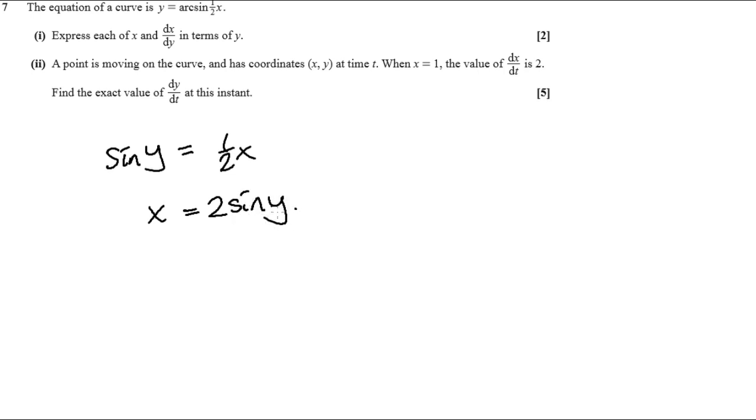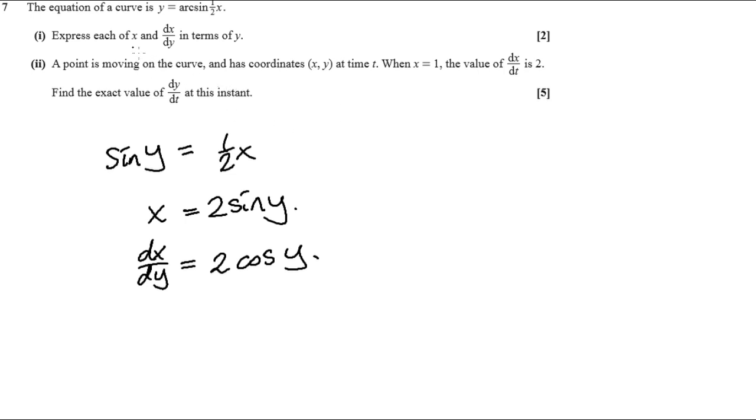Nothing surprising there. To find dx by dy, you differentiate with respect to y, which looks kind of different, but in a nutshell, it's just the same thing that we have done, except it's dy instead of dx. So it's just simply 2 cos y. There's no trick to this whatsoever.